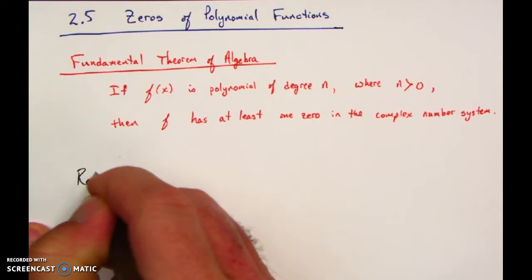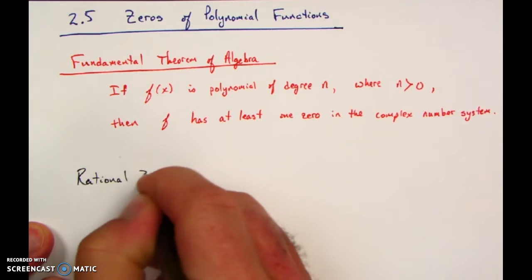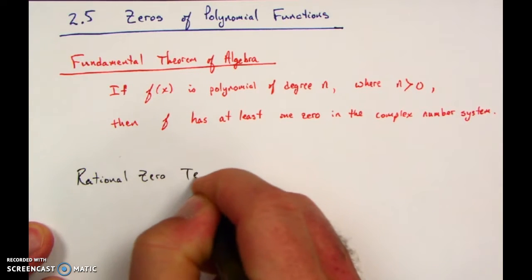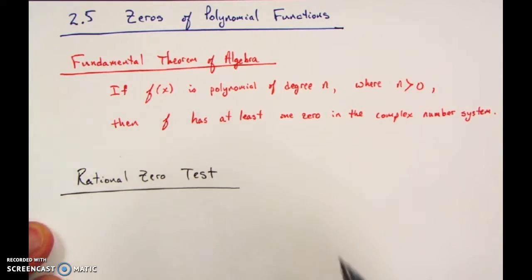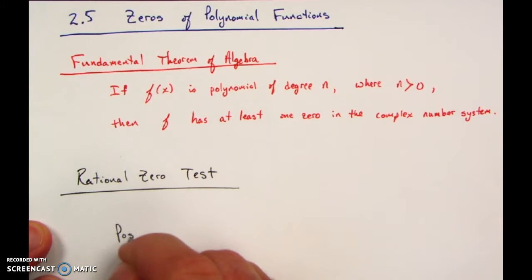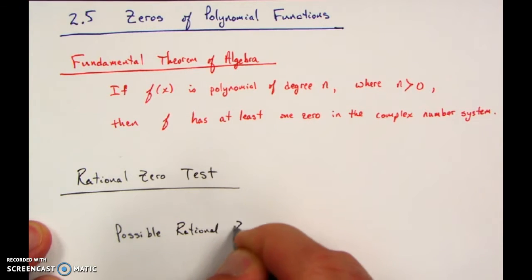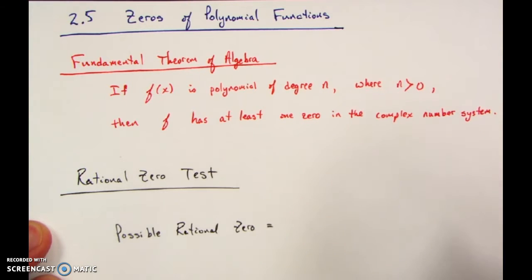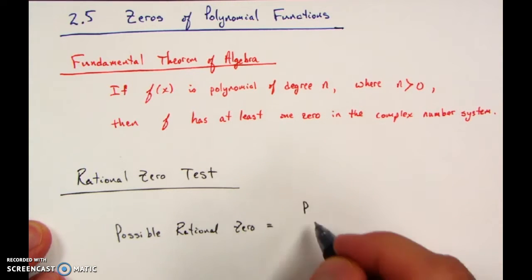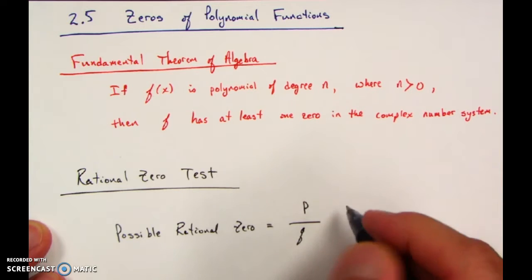Now, what we can do is look at finding our rational zeros, and we'll do the rational zero test. What that looks like, as far as our possible rational zeros, and this is just what is possible, is we're going to take our p values divided by our q values.